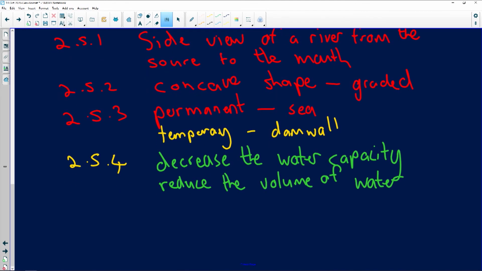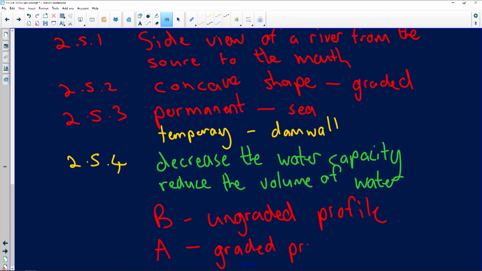B is known as an ungraded profile because it's got a nick point in it. And A, the original, was a graded profile because it was smooth and concave. Now I'm just going to write there, the ungraded profile is uneven and it does have a nick point.